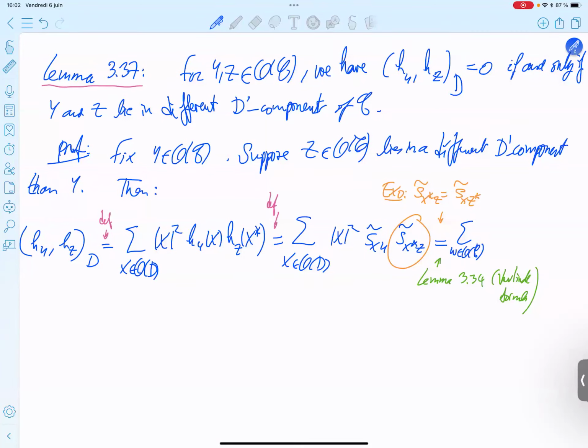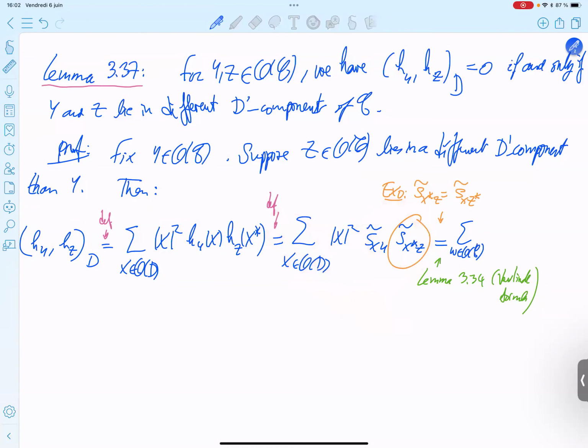So we apply the Verlinde formula, and also we will get a sum here. So this we develop as a sum of something, and we will exchange these two sums.